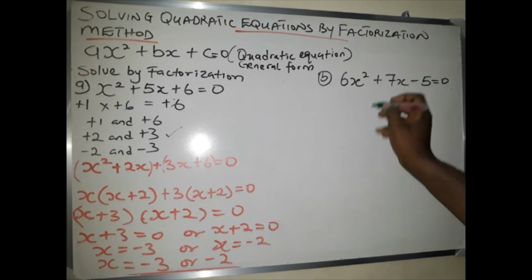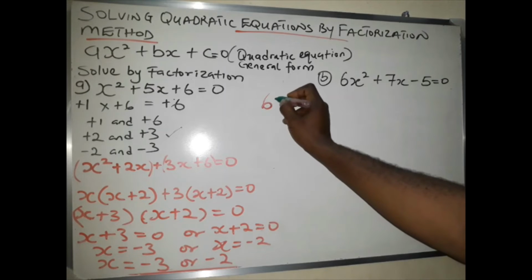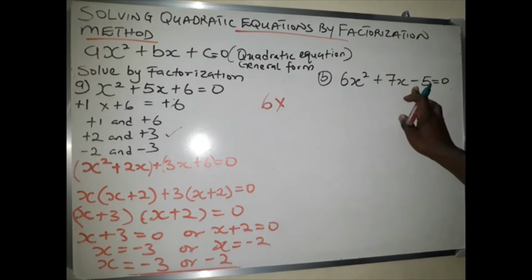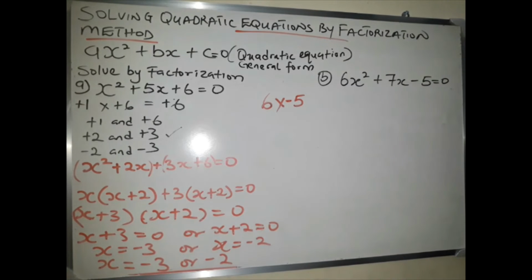So when you do that, let's say 6 times what we have here, which is minus 5. Please always take note of the signs in front of the numbers or the unknowns. So we now have minus 5. 6 times minus 5 is going to give us what?